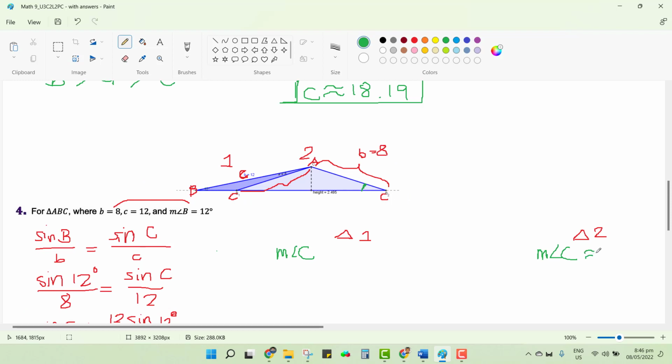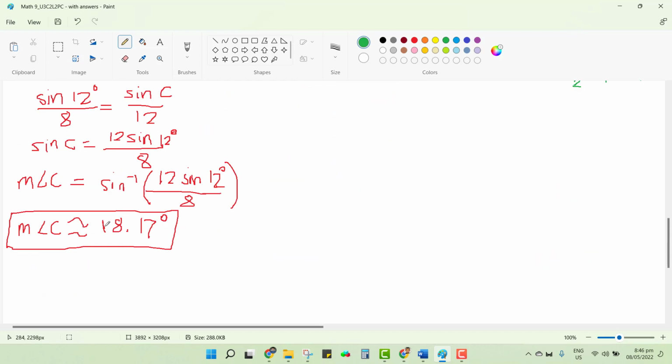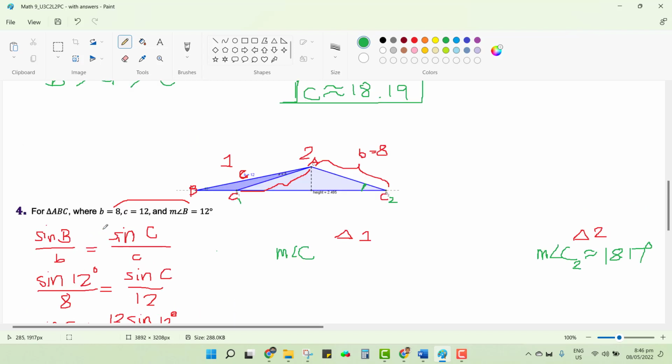That should actually be C2. So C2 is equal to 18.17 degrees. Right? So this one is actually for the second, or the largest, triangle here. Do not be confused with this, okay? This is just a height.